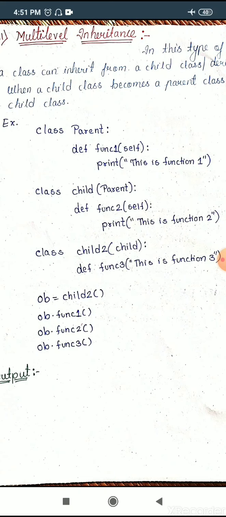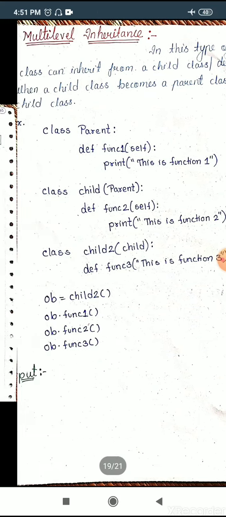Then I have another class, child 2, which I am inheriting from the already derived class child. Then I have defined a method that prints, this is function 3.